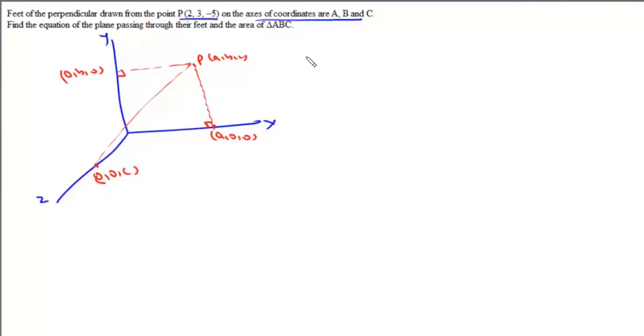So basically this point A will be 2, 0, 0, B will be 0, 3, 0, and C will be 0, 0 and minus 5.